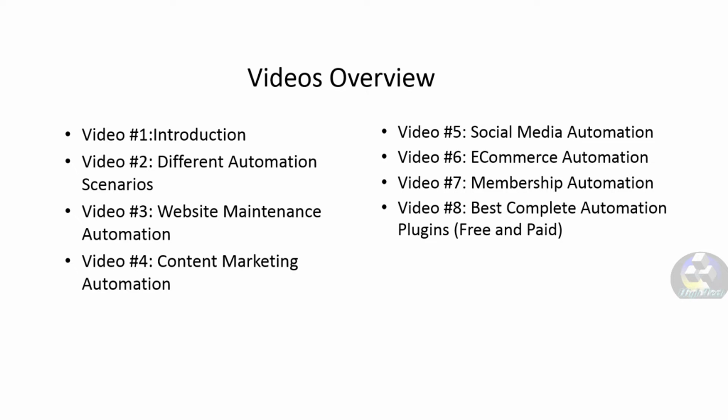And of course, last but not least, video number 8, we'll talk about the best complete automation plugins. We'll talk about free ones and paid ones. What exactly is this? When you look at different parts of these videos, these entail different WordPress plugins, a lot of times individual plugins that relate to each of these. When we're talking about complete automation, these plugins will allow different parts of your website to communicate with each other.